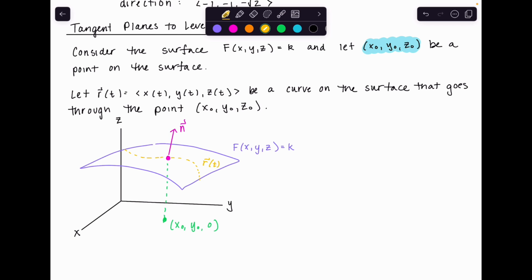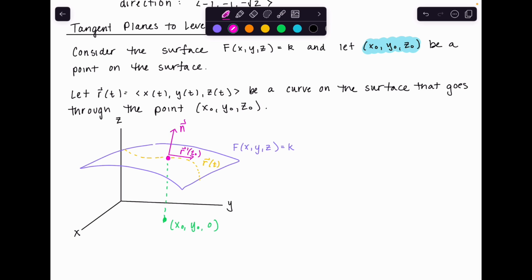Because by doing this, what I'm able to say is if I look at the derivative at this particular point, this would be r prime of t, specifically at the point t0, to correspond to the point x naught, y naught, z naught.